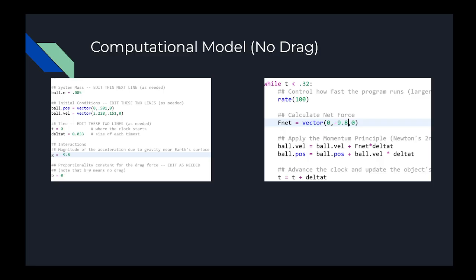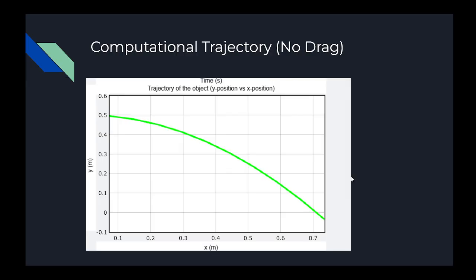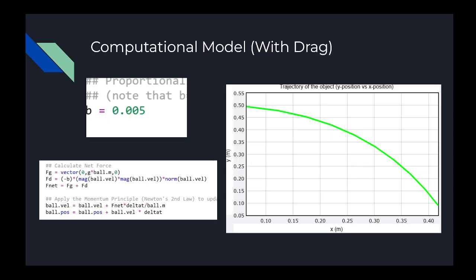We calculated the net force to just be negative 9.8 once it's applied to the velocity in the equation, so mass cancels out. And inside of a while loop, we update the velocity and the position of the ball to create this trajectory. So as it increases in the x direction, it decreases in the y direction at a rate equal to the force of gravity.